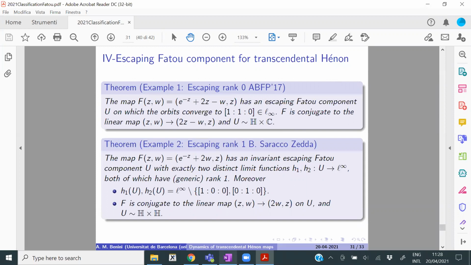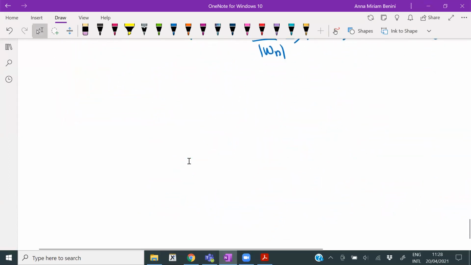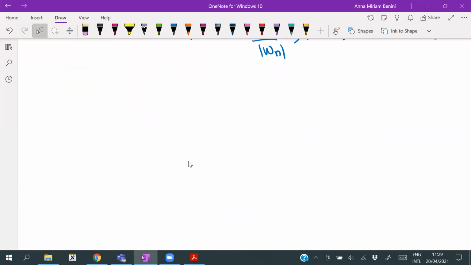So let me switch again to my writing. Theorem. And I will clearly not tell you a lot about the proof, but let me tell you what are the main steps. Take f of (z,w) to be (e^{-z} + 2w, z).